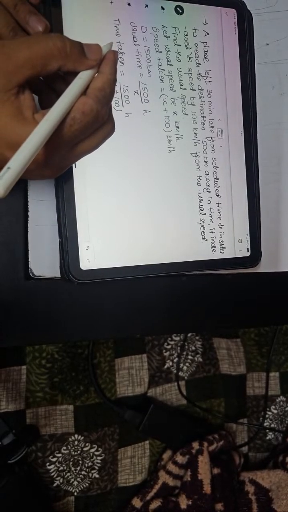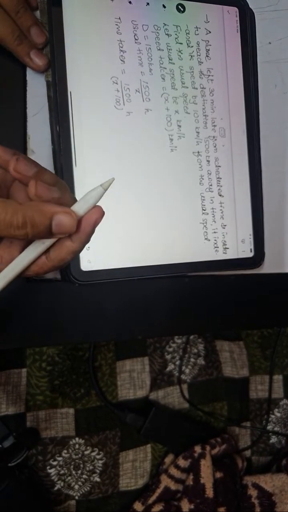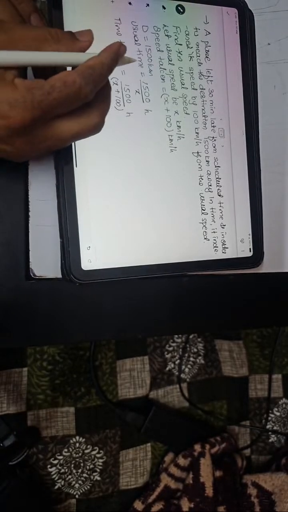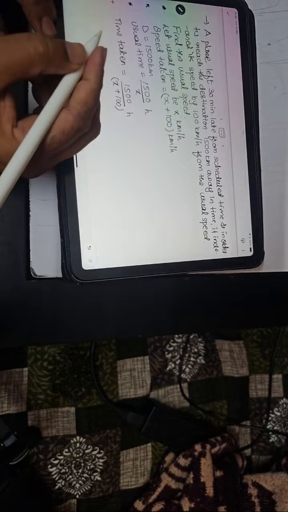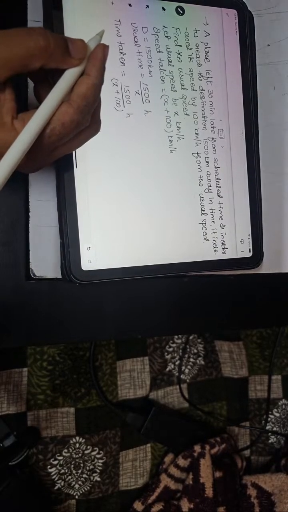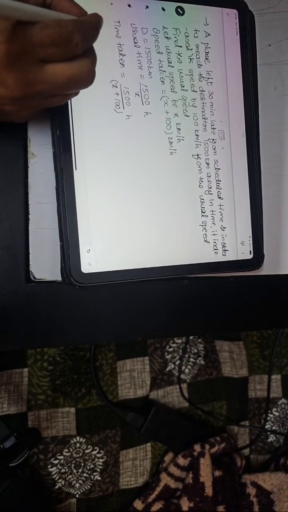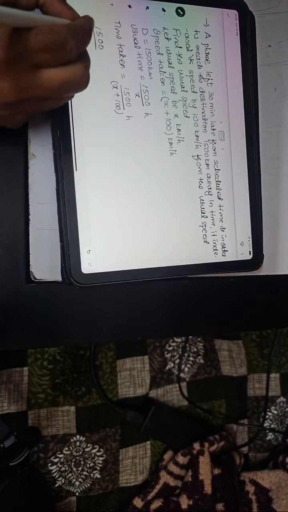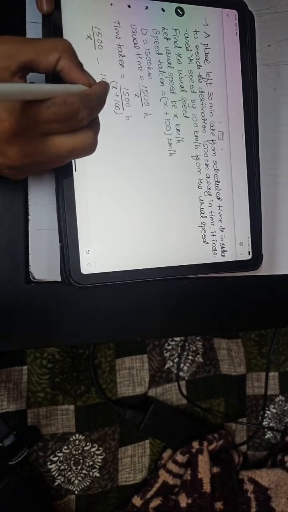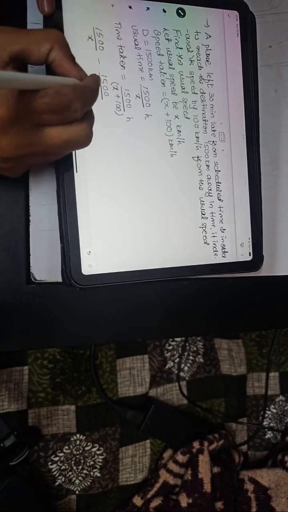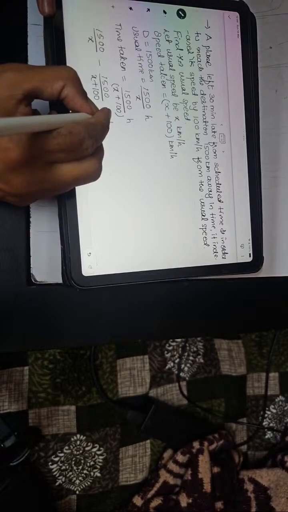And the difference is 0.5 hour, so it reached half an hour early. So the equation which I will form will be 1500 upon x minus 1500 upon x plus 100 equals, I reached half an hour early, so half an hour I am showing like 1 by 2.